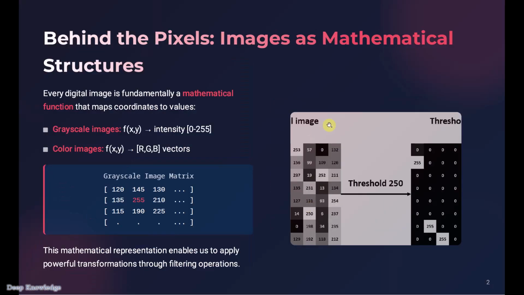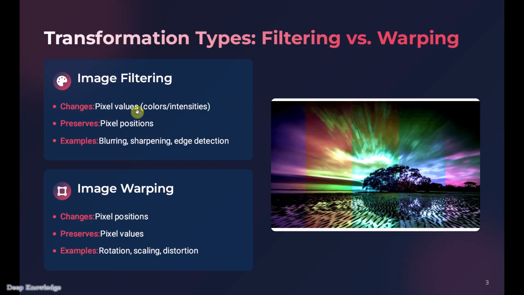As you can see, for instance thresholding, we will see how to do thresholding and everything. Never mind now. So now the transformation types are filtering and warping. What is the difference between filtering and warping? Filtering changes pixel values like colors or brightness, but keeps their position fixed. Think of blurring, sharpening.